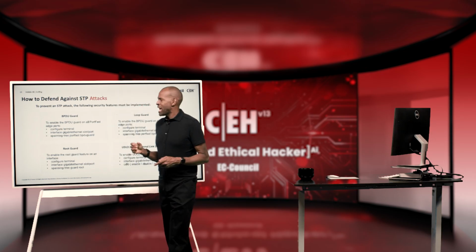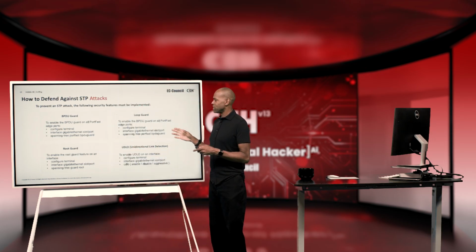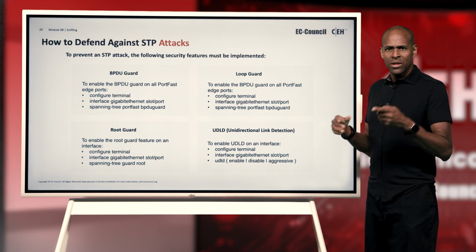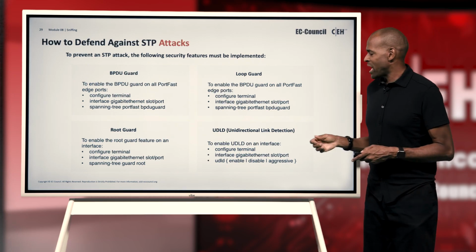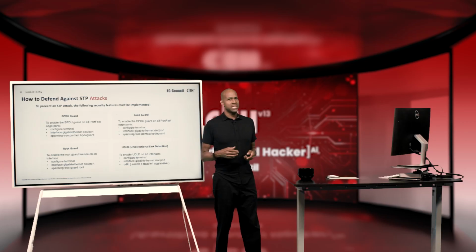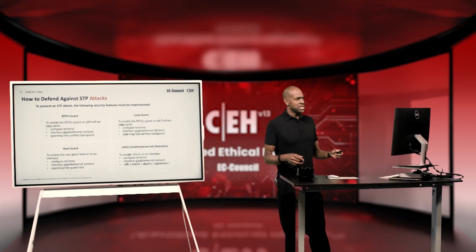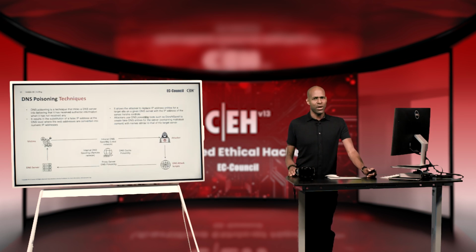We also have loop guard to make sure that you don't allow those storms, those switching loops, to occur. And then we have UDLD, which is unidirectional link detection. With UDLD, it really helps to make sure that you are able to stabilize your Cisco protocol. And like I said, each switch company has different ways of doing all of these.